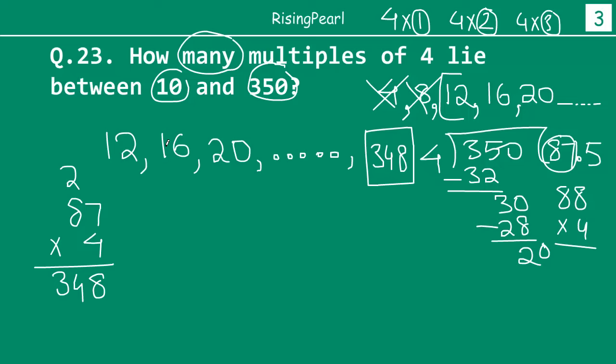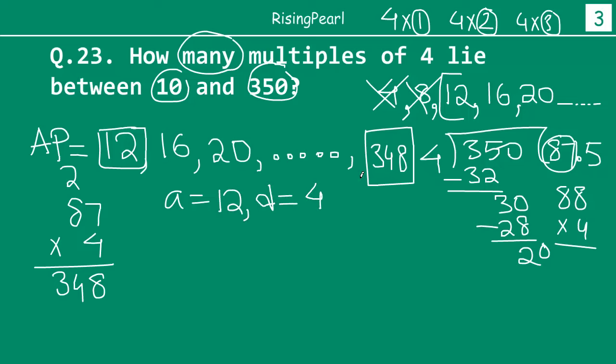So now, friends, this is again an arithmetic progression question where we have our first term a equal to 12, common difference is equal to 4, and our last term is 348. So let's say there are n number of terms.